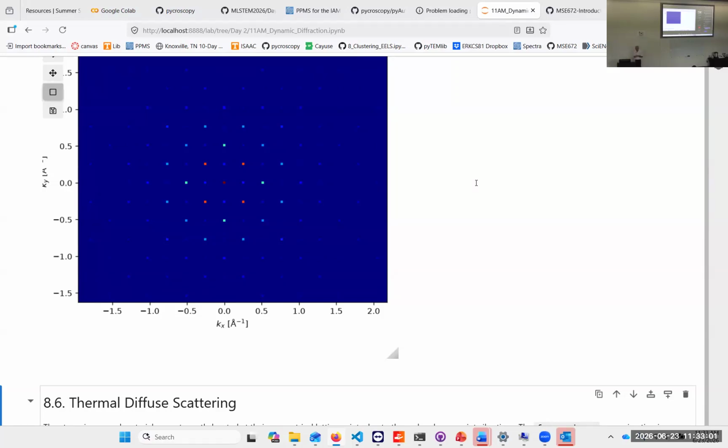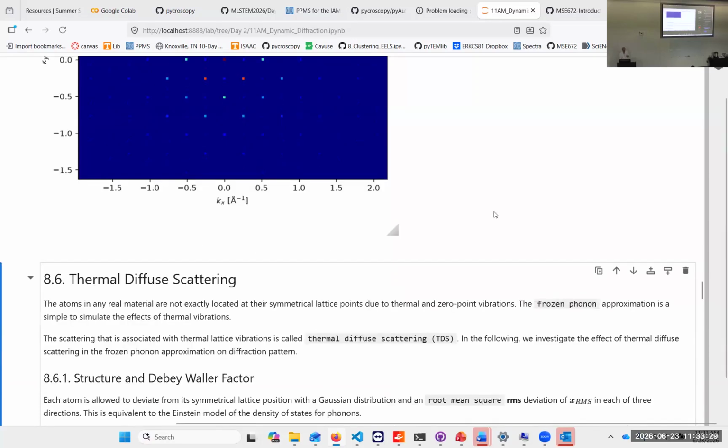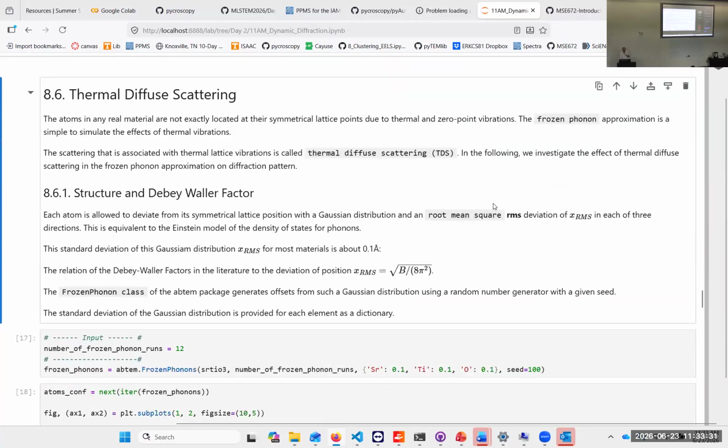And so you can make a diffraction pattern of just 1 or 2 layers, and then we have the kinematic approximation, right? The kinematic approximation we did before, and there we have the intensity of the diffraction spots according to the structure factor.